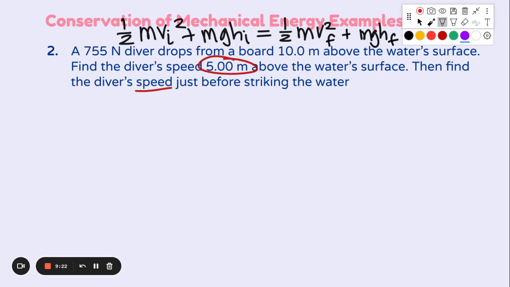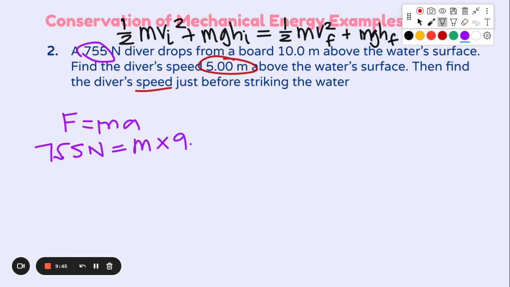Okay, so if you notice, we're given the diver's weight in newtons and not his mass in kilograms. And we know that force equals mass times acceleration. So from there, we can solve for his mass in kilograms. The force is 755 newtons, which is equal to his mass, which is what we're solving for, times his acceleration of 9.8 meters per second squared.